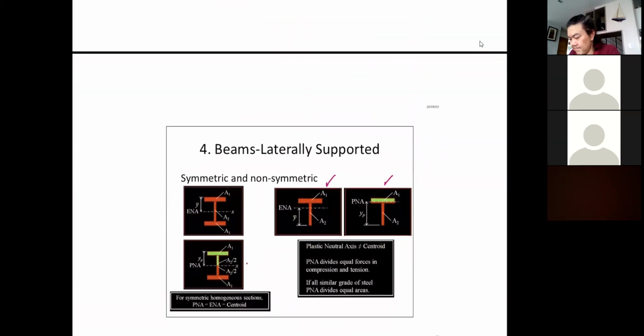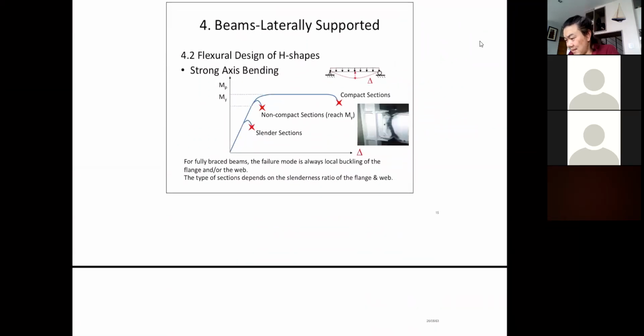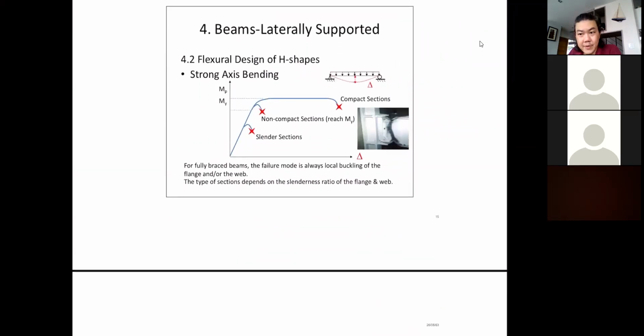Again, just like compression member, there are two things to consider when we talk about this flexural member. First, if the member is laterally supported, we are going to reach MP. That's the global buckling, the buckling of the entire member.